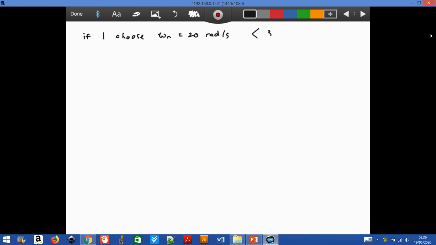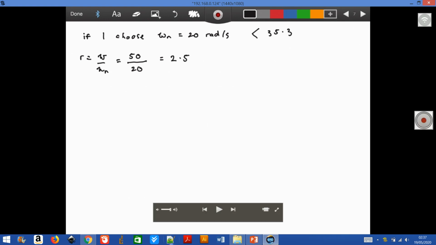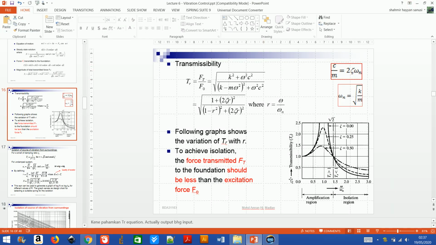So if I calculate the R, R is omega over omega n, which is 50 over 20. Therefore, the R will be 2.5. So if I refer back to the plot here, if R is 2.5, which will be in this region, we can see that the transmissibility ratio, the TR, is less than 1.